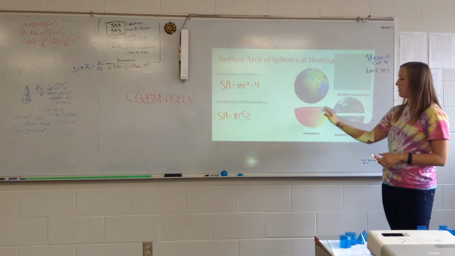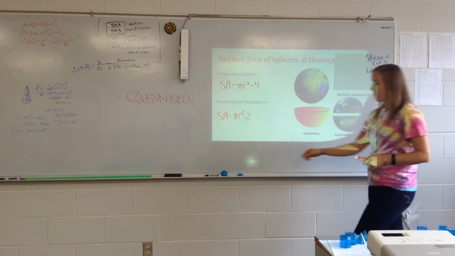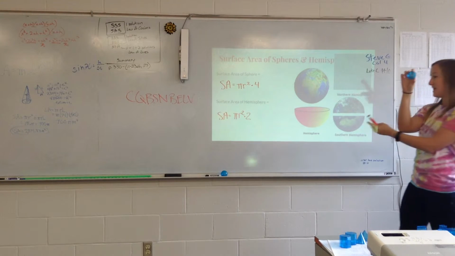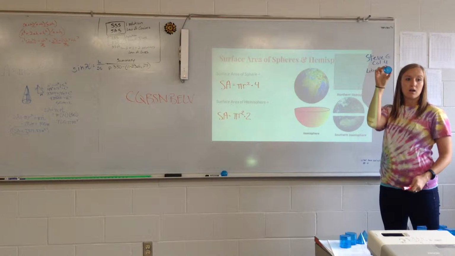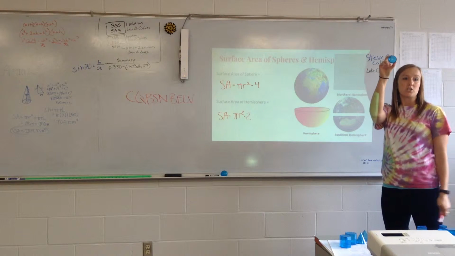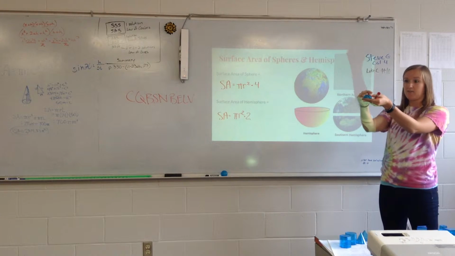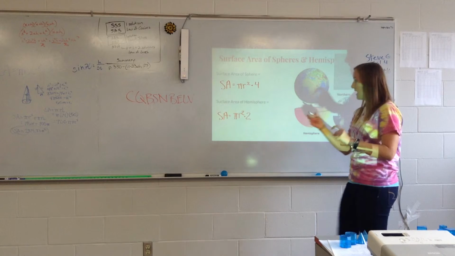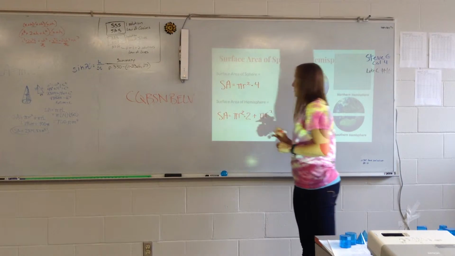So we just created another flat surface. What shape did that make then? What shape did we make? So what do we need to add with it? Area of another circle, right? We took half that sphere. We got this half. Now we need to account for the base. So we need to add another area of a circle.